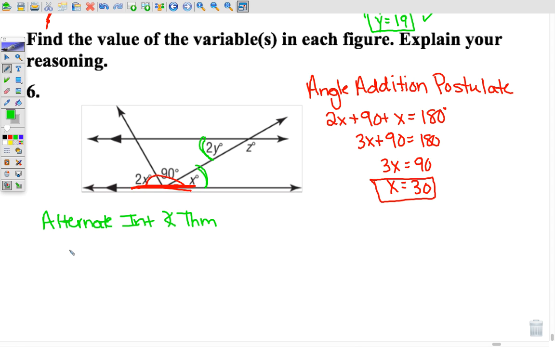And what that theorem tells me is that these two angles are equal to each other. They are congruent. Well, I already know over here x equals 30, so 2y is equal to 30. So I can figure out that y is equal to 15.